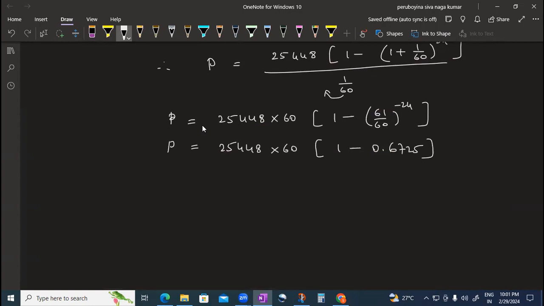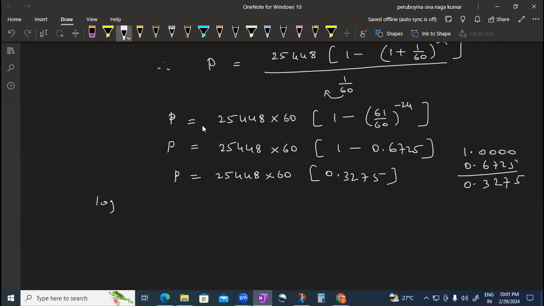Subtract it from 1: 1 minus 0.6725 gives 0.3275.